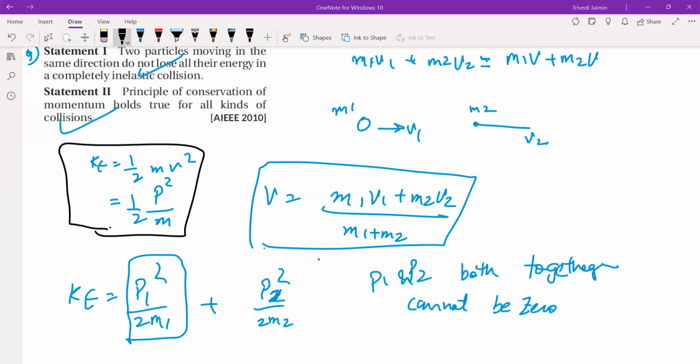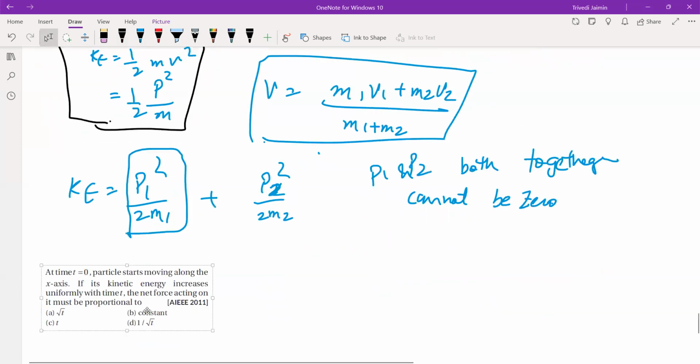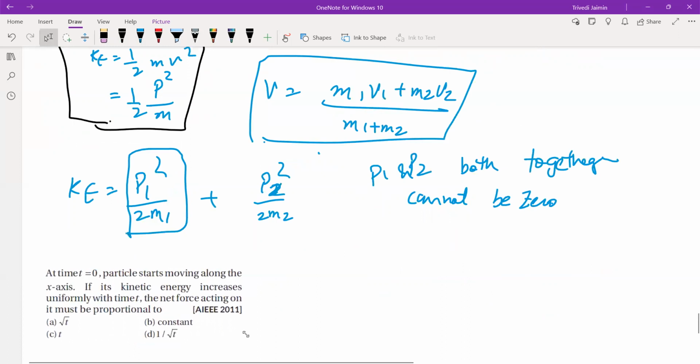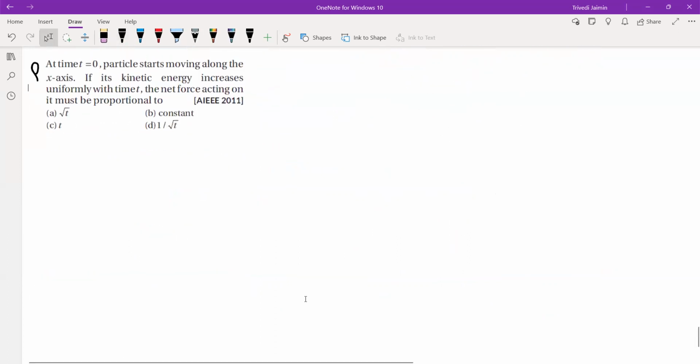I'll give you some 3-4 questions. I'll paste them here. This is the time I gave the exam. This is my exam paper. Solve this. You can take a screenshot. Wait, not now. Let me post 4 questions.